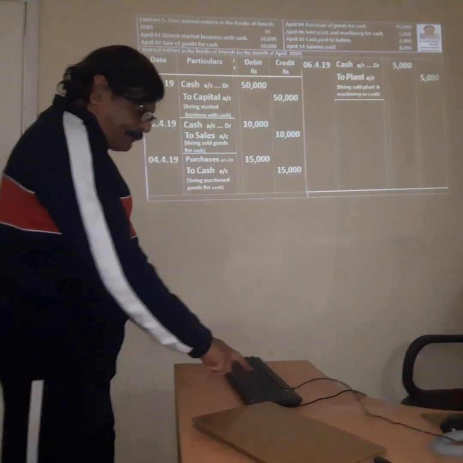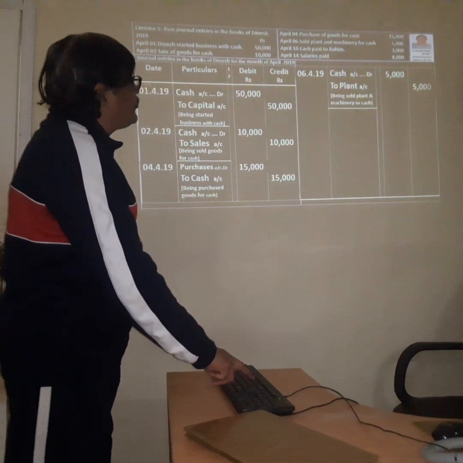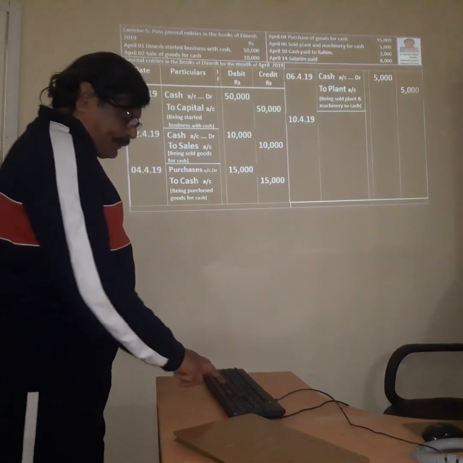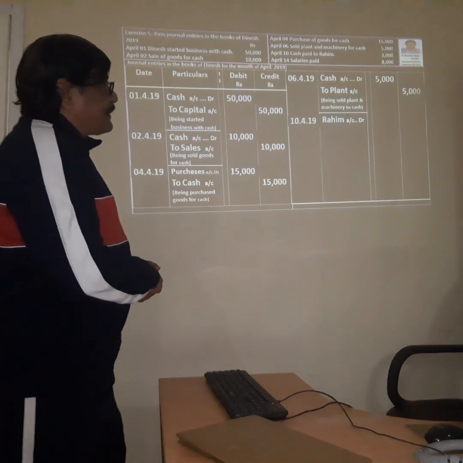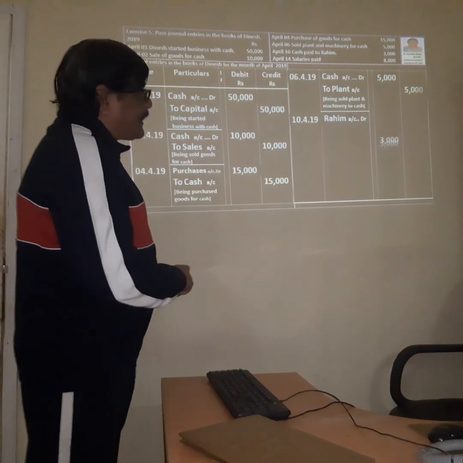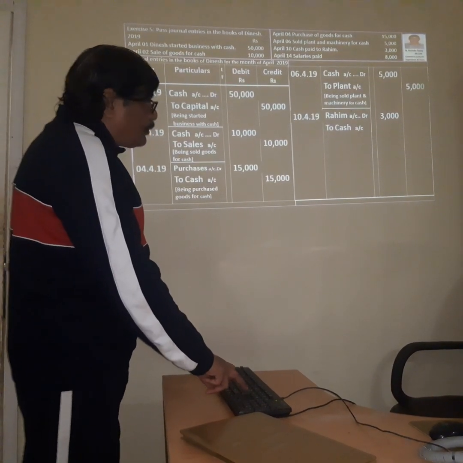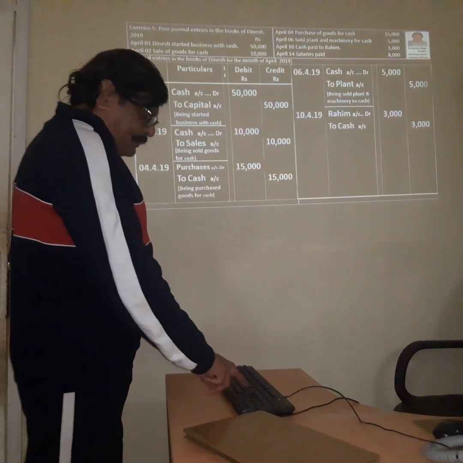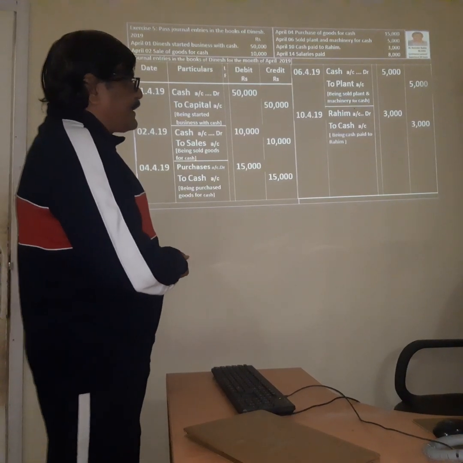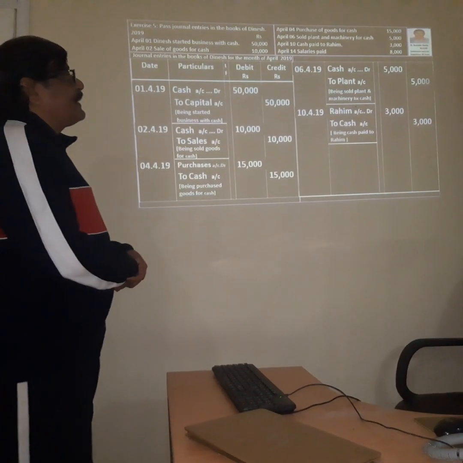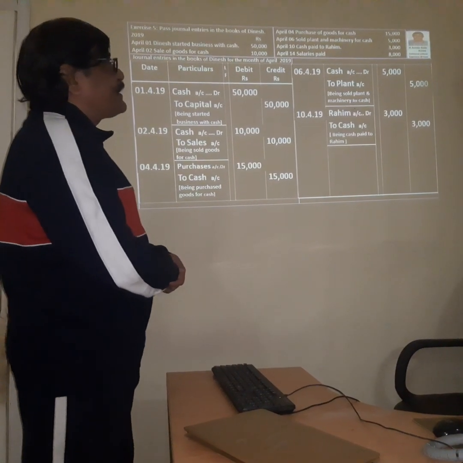So Rahim's account debit to cash account on 10th April. We write the date 10th April. Then Rahim's account debit amount 3,000 to cash account. Cash is going out, cash account credit 3,000, and the narration is being cash paid to Rahim. Separate it with a line.